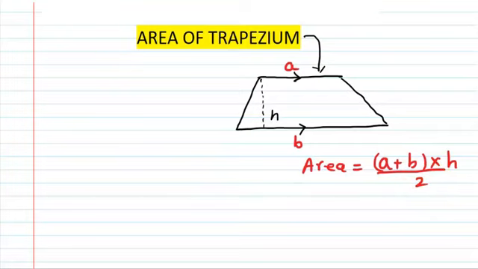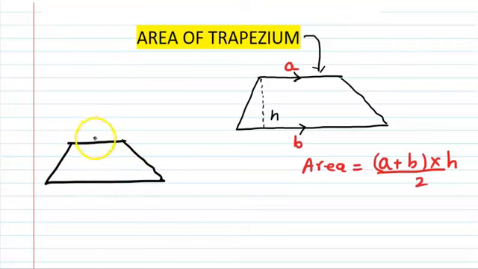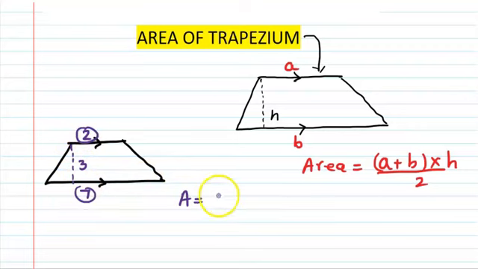Now I can show you an example. If this is a trapezium, can you see these two sides are parallel. Now in these parallel sides, if this side is given 2 and this side is given 7 and the height is given 3, what should be the area? So first you need to add 2 plus 7.